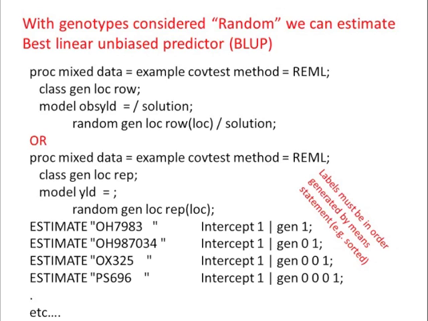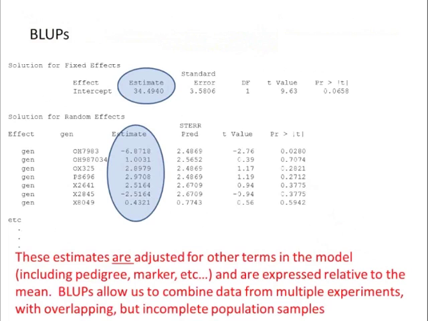The upper method, where we're just putting the slash solution, takes a lot less coding. In the bottom method, we get the actual estimated BLUP, but it takes a lot more coding. From the upper method, we get an estimate that's relative to the mean of the population, and then we can adjust. But the point I'm making is that we can take an augmented design trial, estimate the BLUPs, and then use that as our trait data for the marker trait analysis.